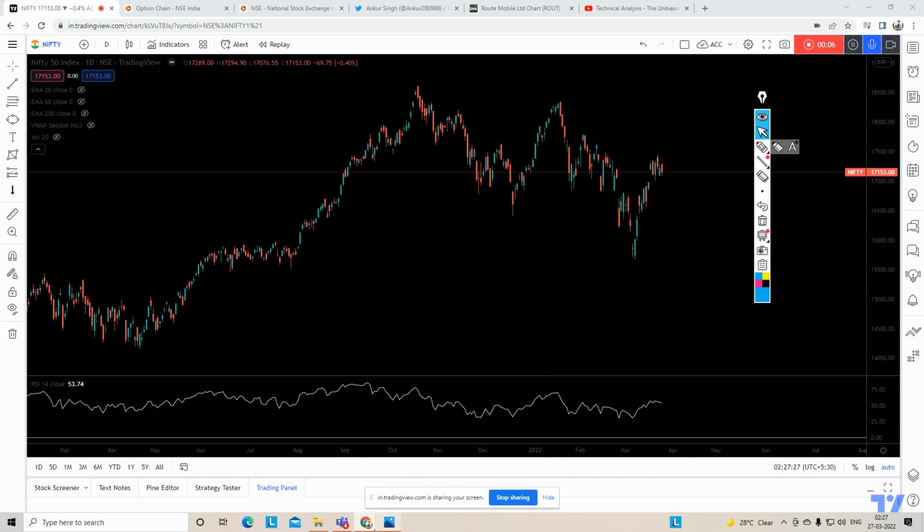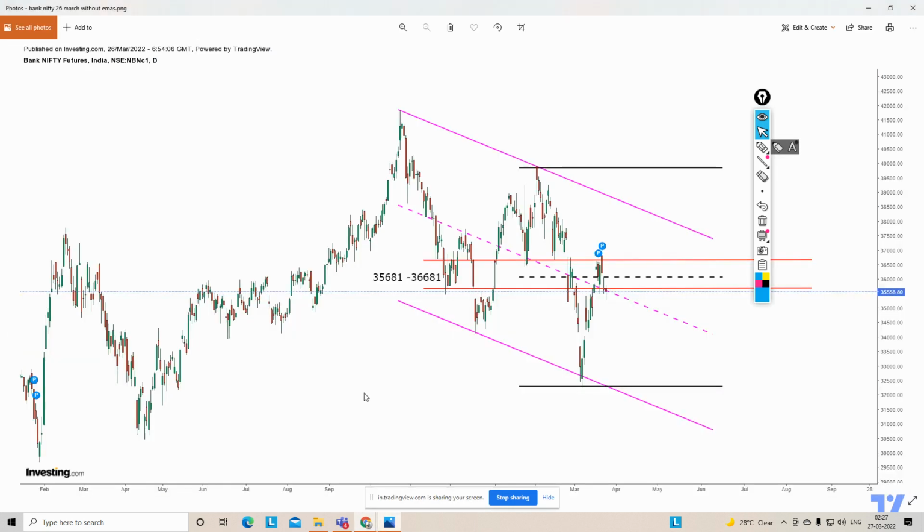So in today's episode, quickly we're going to have a look at Bank Nifty and Nifty. The reason behind making this video is that both the indexes are showing a very different character. Usually in our markets it is not quite often that the Bank Nifty shows a very different structure and the Nifty shows a very different structure.